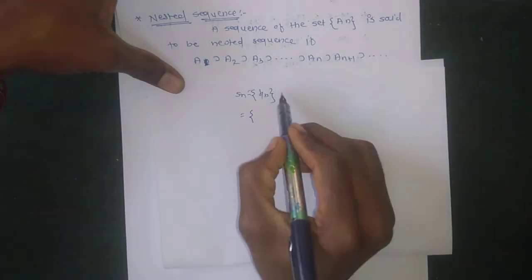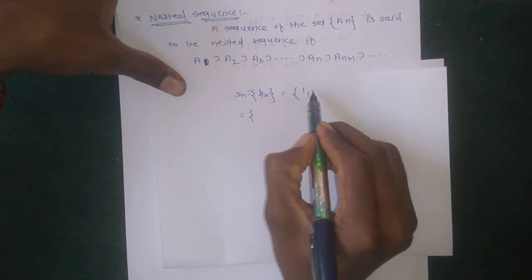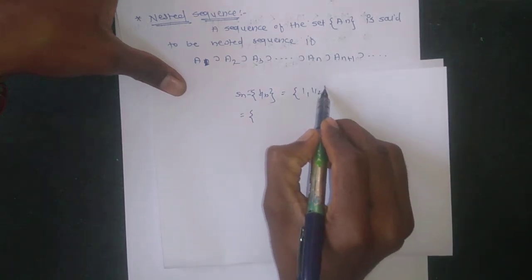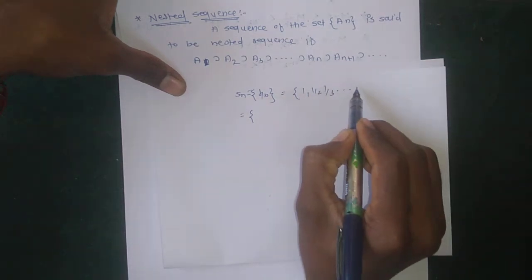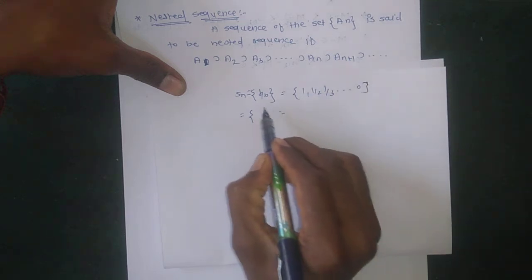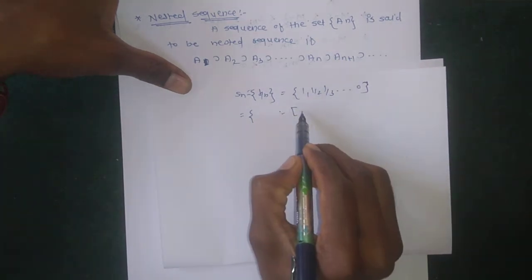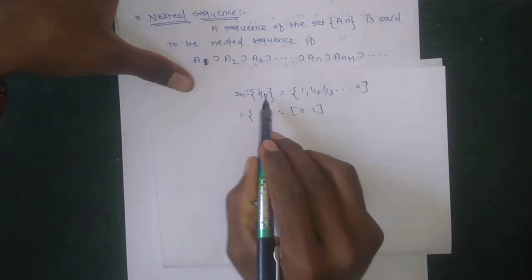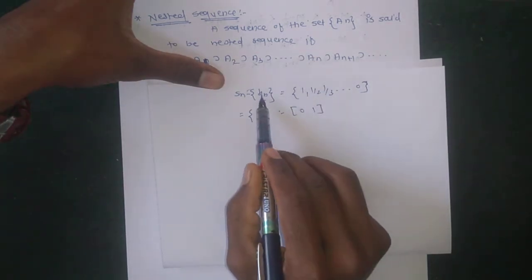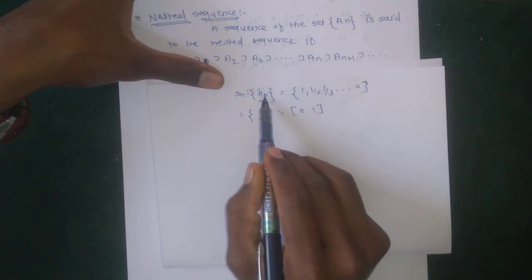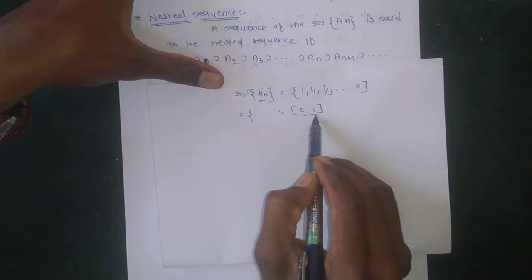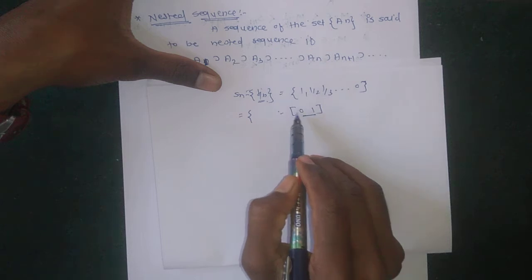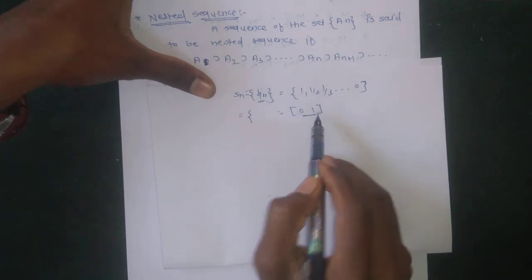So the 1 upon n sequence is 1, 1 by 2, 1 by 3 up to so on up to 0. That is, 1 upon n is contained in the interval 0 to 1. All the elements of the sequence 1 upon n are contained in the closed interval 0 to 1.